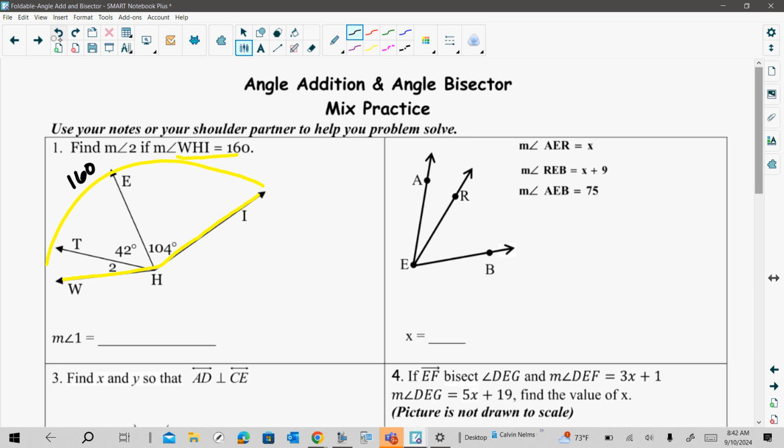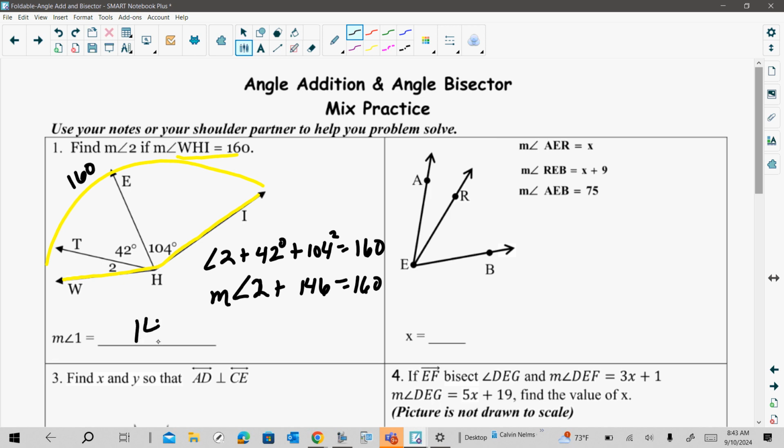Angle 2 plus the 42 plus 104 equals 160. So whatever the measure of angle 2 is, plus 146 equals 160. So now you're just subtracting, and you should get 14. Why does it say angle 1? It should be angle 2. Oh, sorry, it should be angle 2.